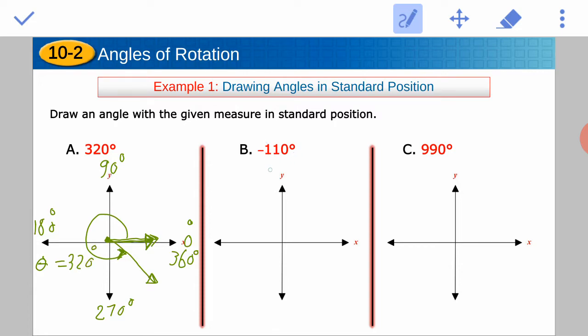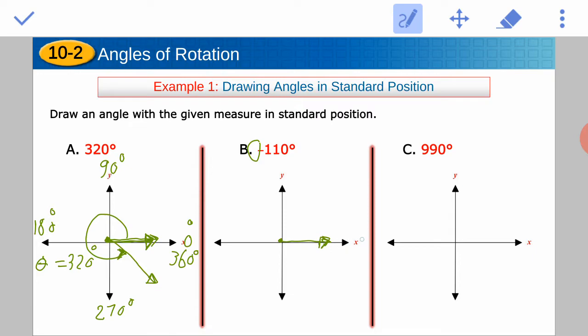Another angle, guys, negative 110. So this is the vertex, and this is the initial side, exactly on the positive direction of the x-axis. Guys, the rotation this time is clockwise. How do you know? From this negative sign, and the measure is 110.